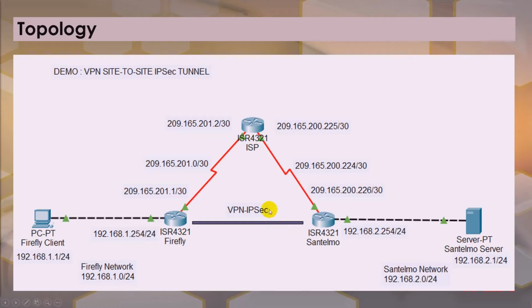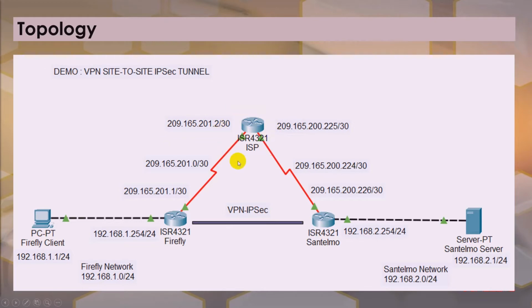It has several networks: 192.168.1.0 here, the second would be 209.165.201.0, 209.165.200.224, and the private network 192.168.2.0 here. So we've got two private networks here, and of course the connection to the ISP. A VPN can provide a secure method of transmitting data over a public network such as the internet.